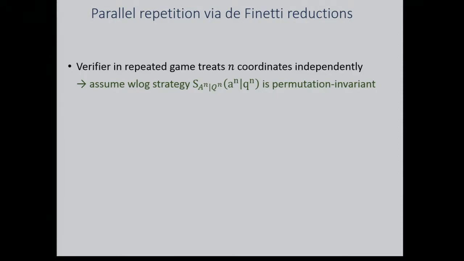What we do know though is because the referee treats all these repetitions independently, we can assume that there's some permutation invariance on the strategy of the players because the referee could permute the questions at random, get the answers, undo the permutation, the result would be exactly the same. So this is the one element of structure that I have on the strategies of players in a repeated game. It's the only thing that I know. It has this permutation invariance.